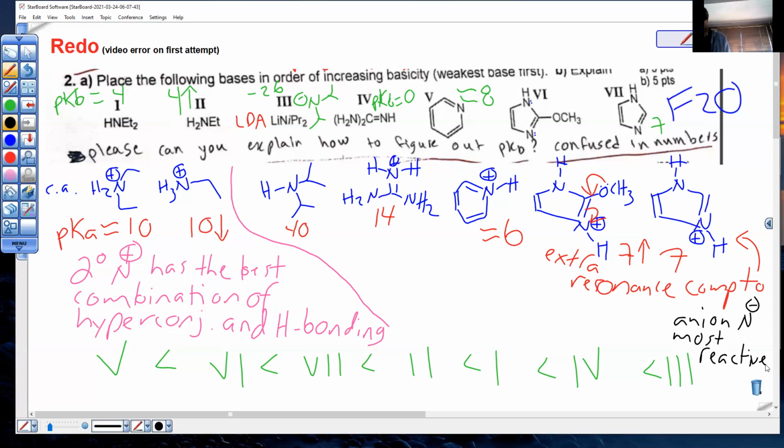And now we're going to talk about the, we already talked about this. This picture says the answer to me. I got resonance. I wrote something. So I don't have to talk about those two. You do have to talk about the fact that all 3 of these are sp2, which makes them in a different league, different realm, different category than all the ones with higher numbers than these in green, so less basic up here.